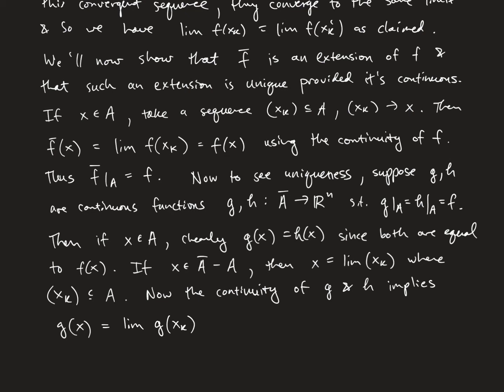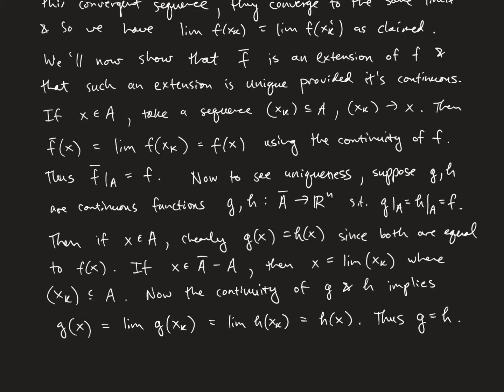And on A, our G is just f, which is also h. So this is just the limit of h of xk. And again, using the continuity of h, since this sequence is going to x, the h's also have to go to h of x. So this is equal to h of x. Thus, G is equal to h.